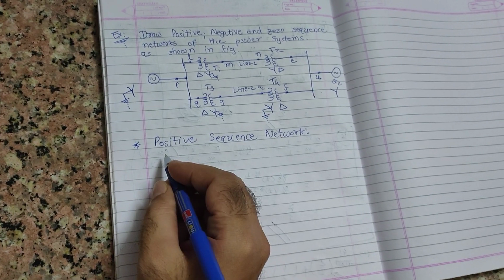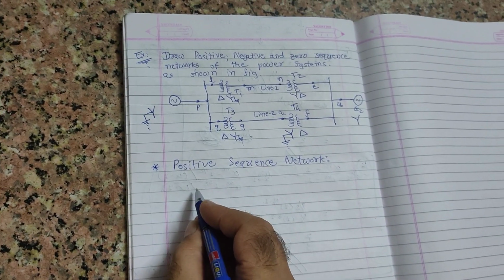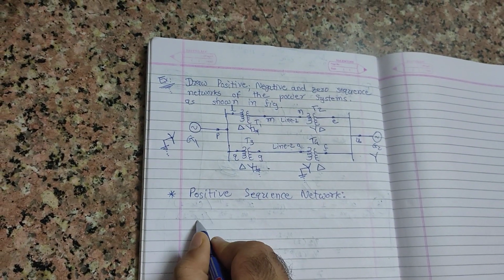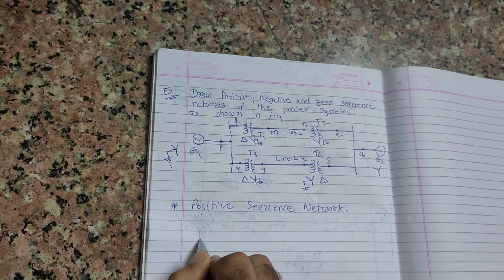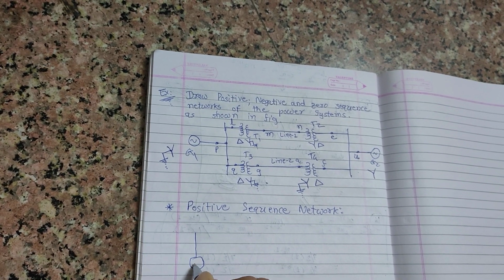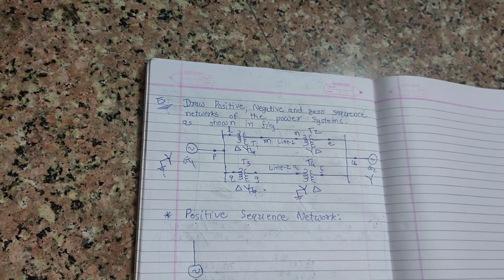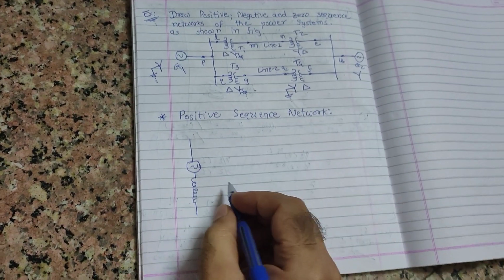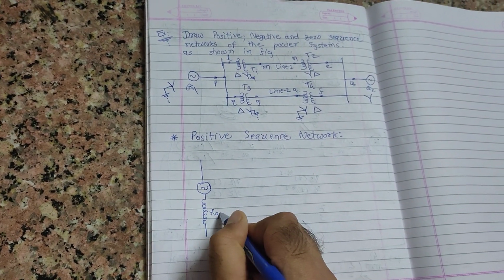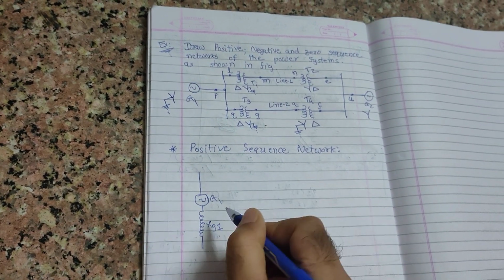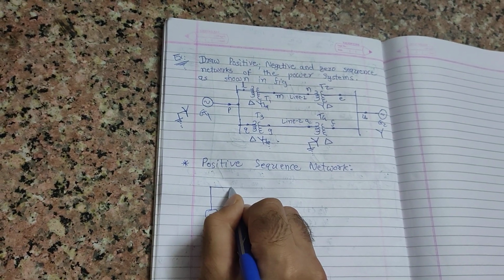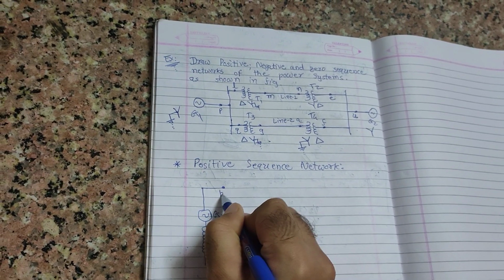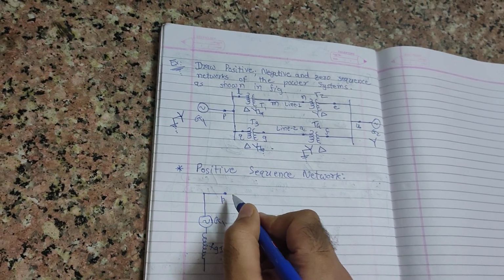Now we will draw the positive sequence network for generator G1 and generator G2. First, generator G1 including its internal reactance XG1. Then there is a point P given, so this P is also connected.